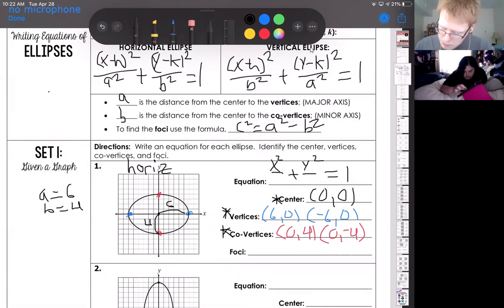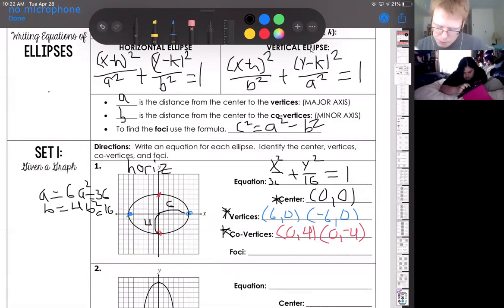So our a squared would be 36, and your b squared would be 16, which goes underneath your y. Since it's a horizontal ellipse, you put the bigger one underneath your x and the smaller one under your y. If it was a vertical ellipse, these would be flip-flopped. So my equation would just be x squared over 36 plus y squared over 16 equals 1.